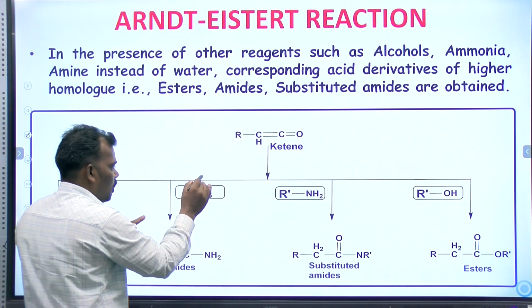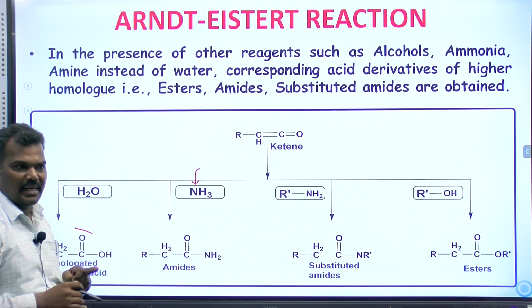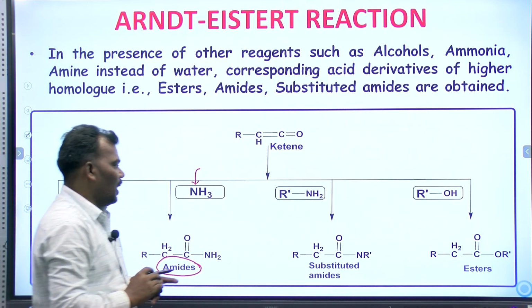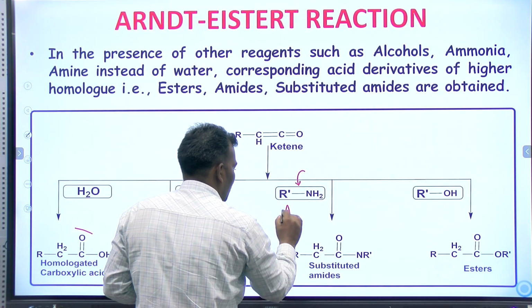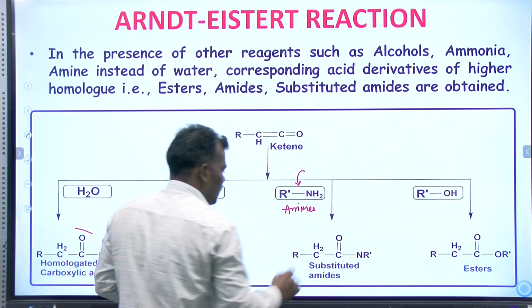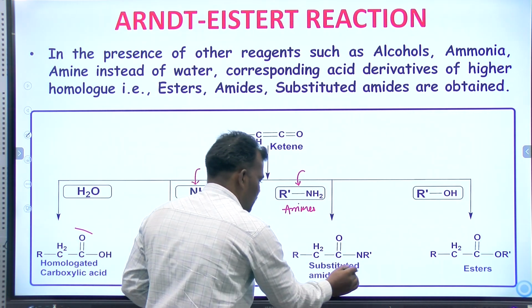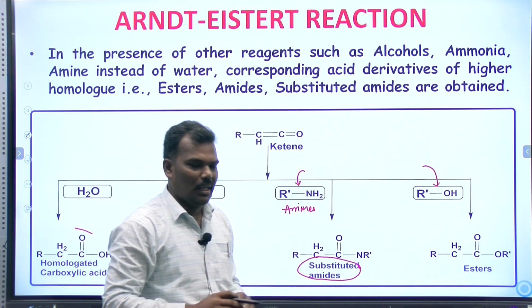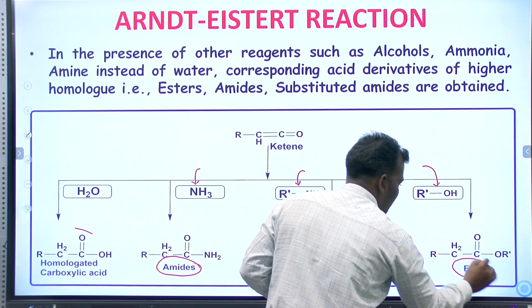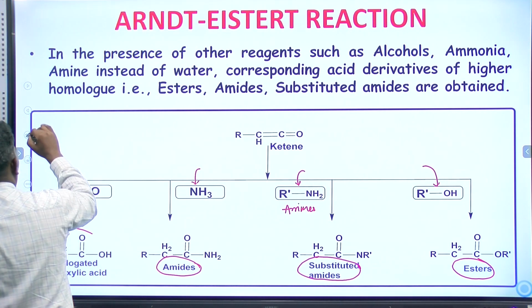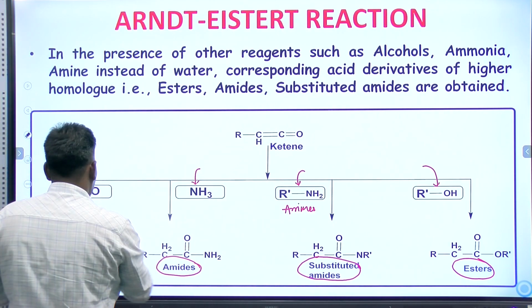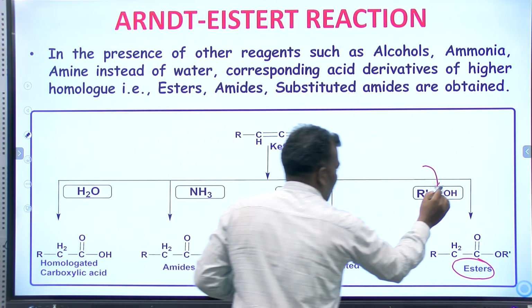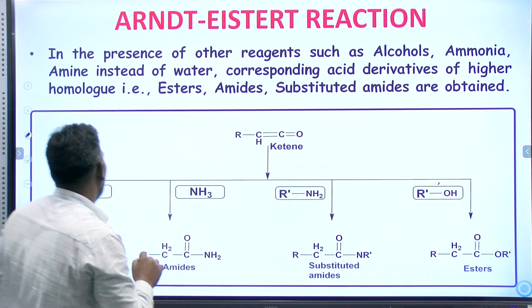But if we take ammonia as the reagent, it leads to the formation of amides. If we take amines as the reagents, then we get substituted amides. If we take alcohol as the reagent, then we get esters as the products. So instead of water, if we use another reagent, we can get the different corresponding homologated products.